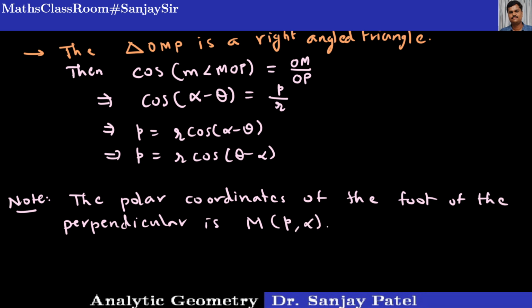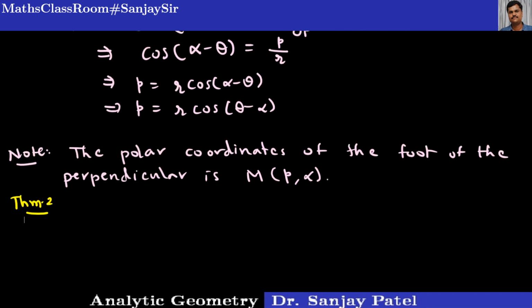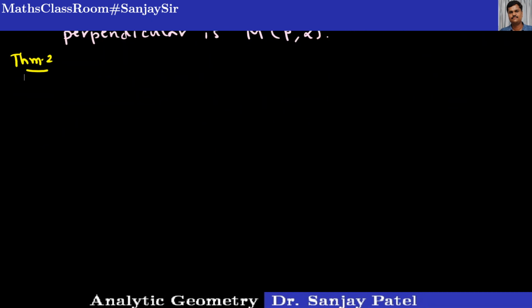let us go to the next result about another form of the polar equation of a straight line. So the second theorem is something like this.